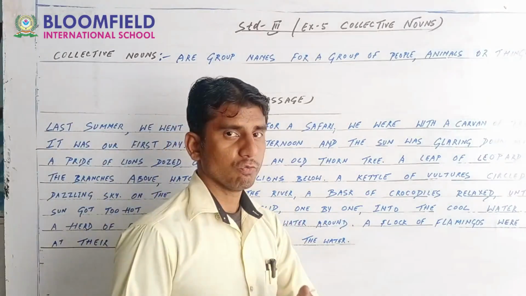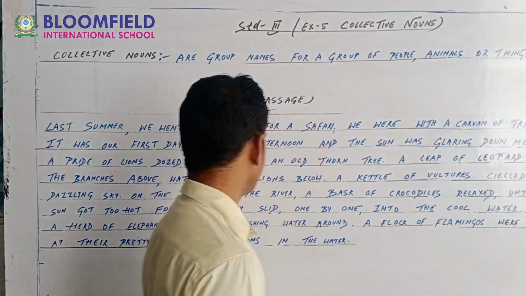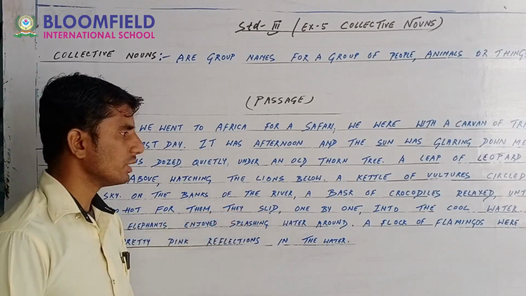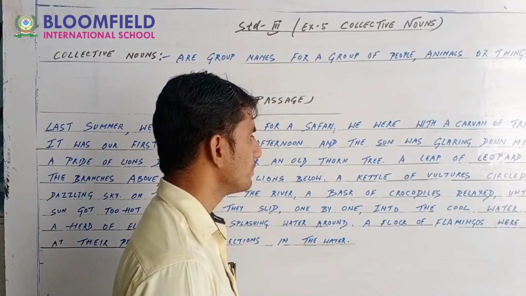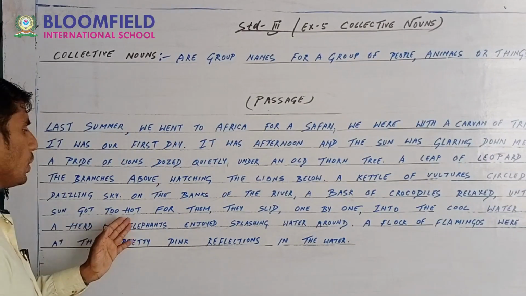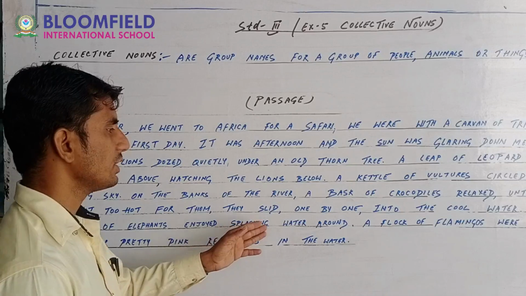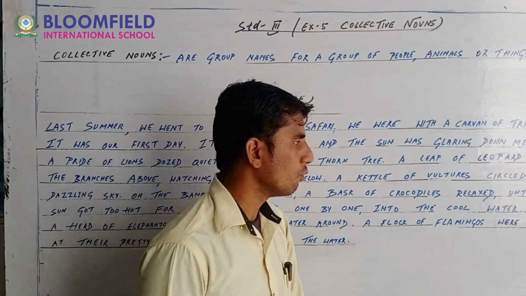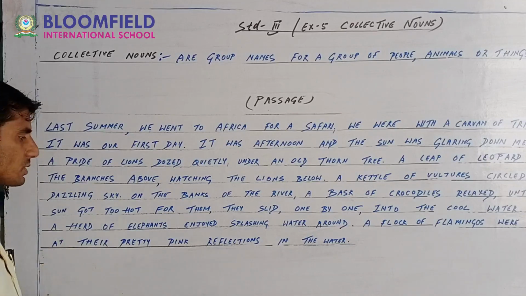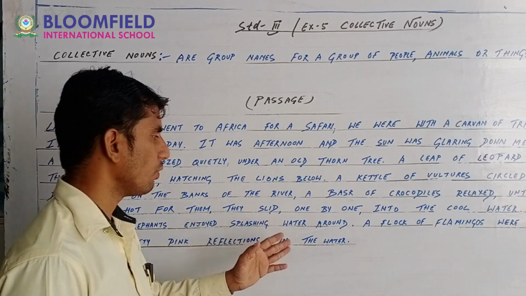A cattle of vultures circled in the dazzling sky. On the banks of the river, a basket of crocodiles relaxed until the sun got too hot for them. They slid one by one into the cool water downstream. A herd of elephants enjoyed splashing water around.